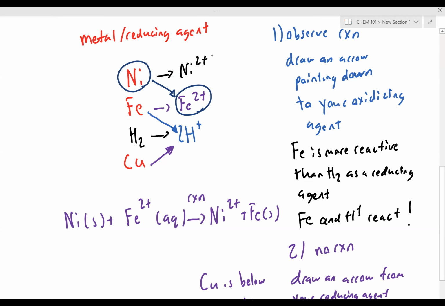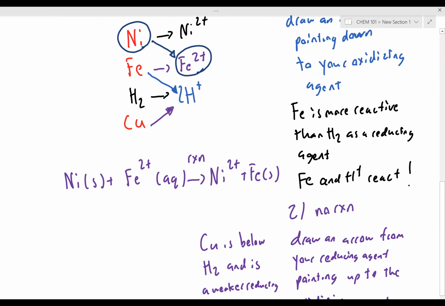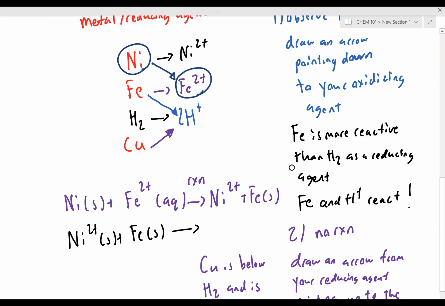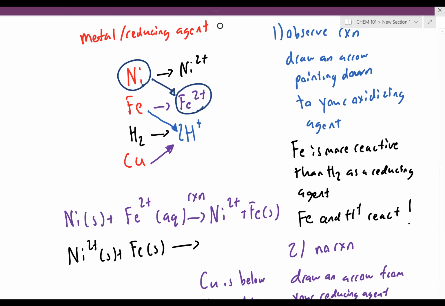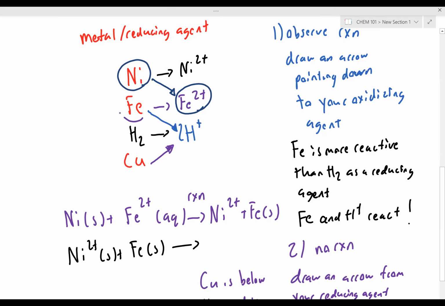If nickel reacts with iron 2+, let's try to predict what happens if we mix nickel 2+ and iron solid. Would we expect a reaction to occur? And the way that we answer this question, quite simply, is we draw an arrow going from iron to nickel 2+.